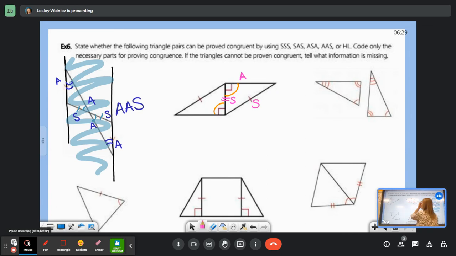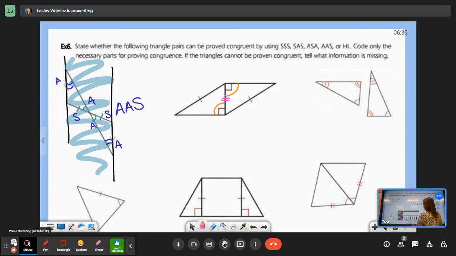Okay, this is a no bueno one. This one is side, side, angle, and it does not work. Okay, so what information we are missing is, no, just kidding. This one does work. I got so excited thinking it didn't.